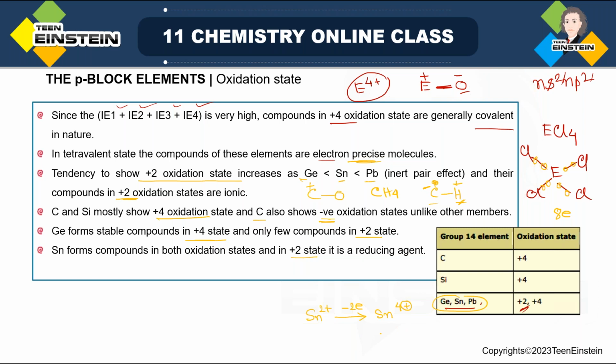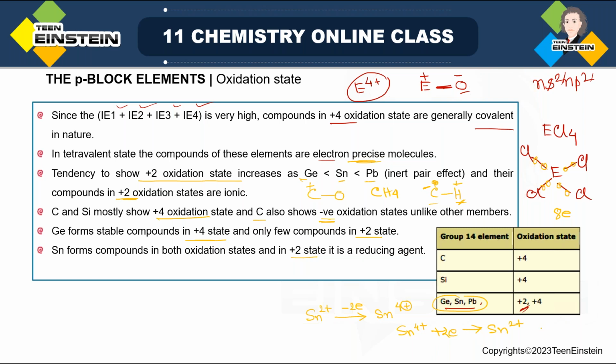So it is another way of saying the tendency of Sn is more to remain in the Sn4+ state rather than the Sn2+ state. Now if I write the opposite reaction, that is Sn4+ accepting 2 electrons and being converted to Sn2+, because when we consider the reduction potential for any system, we always write the equation in reduction form, with the oxidized species accepting electrons.